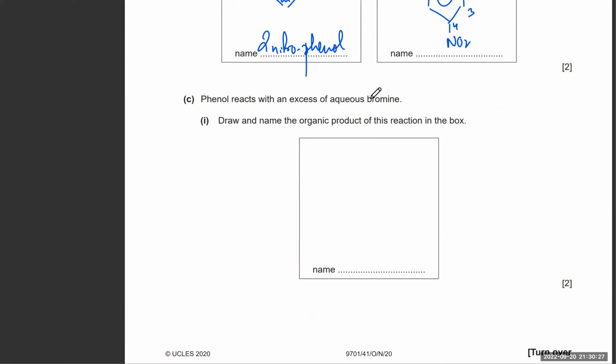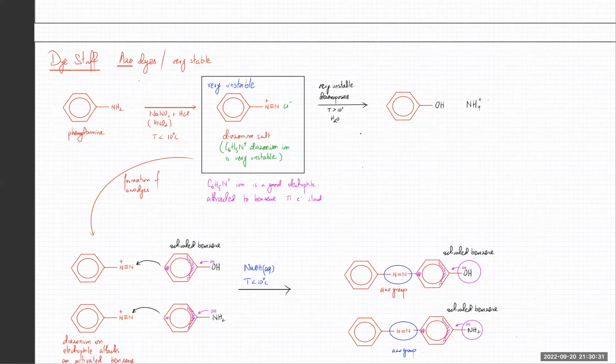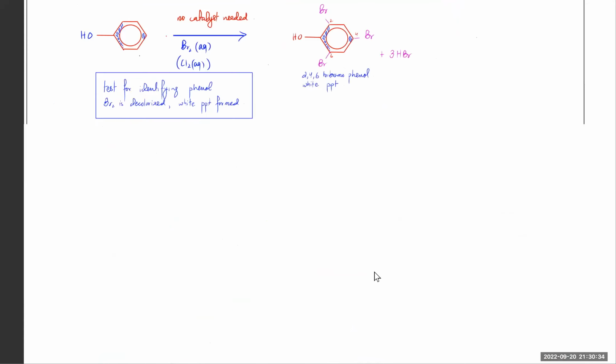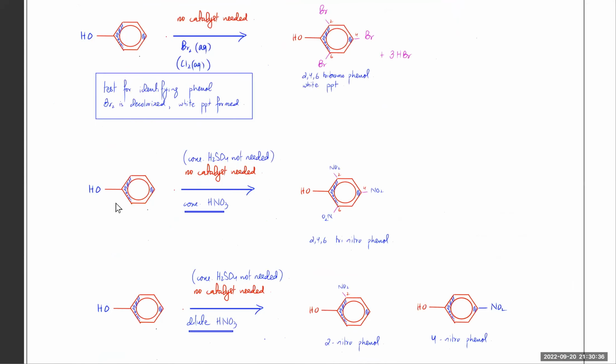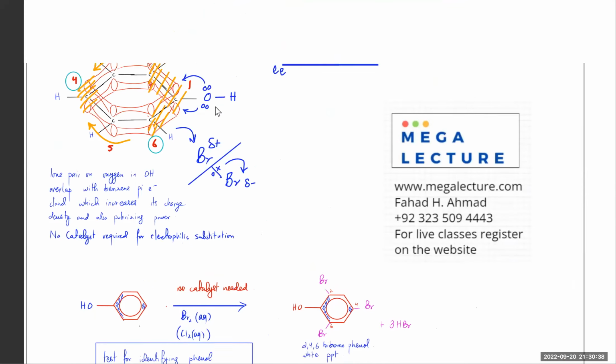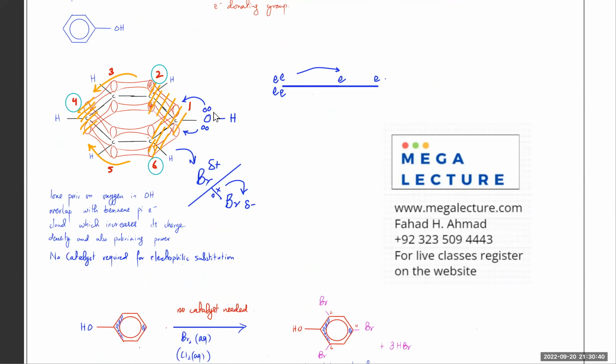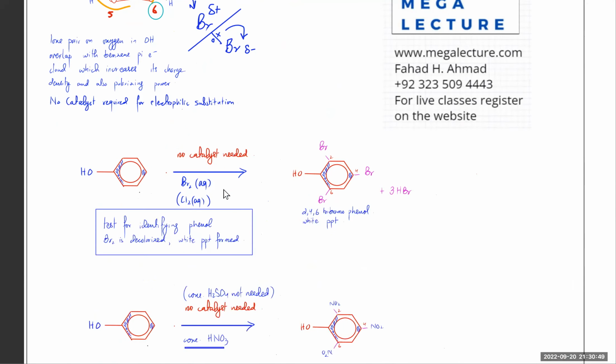Next: phenol reacts with bromine, draw the name. So we're basically dealing with these reactions of phenols. Remember, the benzene electron cloud is highly activated because the lone pairs on OH have overlapped with the benzene electron cloud. So electron density is really high and the reaction is going to be really fast. You don't even need a catalyst.